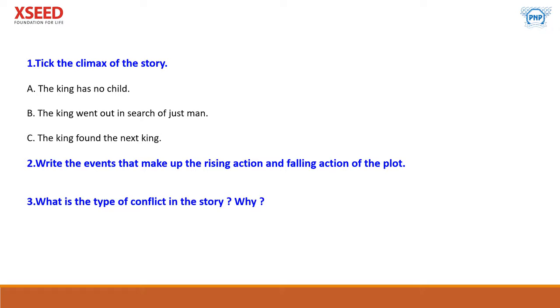Third, what is the type of conflict in the story and why? That also you have to mention. So just copy down these questions, answer them in your notebook and send it to me on WhatsApp. Here you have to choose only one correct option, and after that you have to write why.